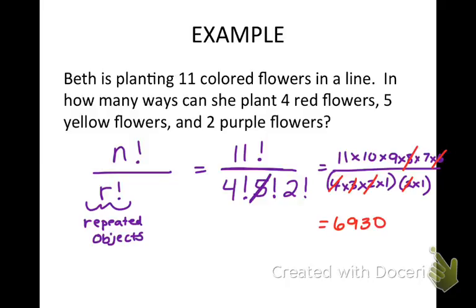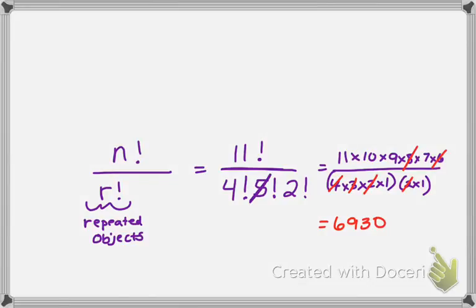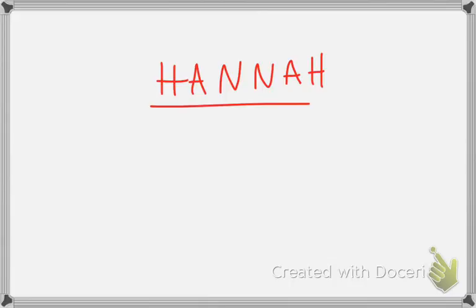So if we did how many different arrangements of Hannah's name we could do, can I erase this? So Hannah, how many total letters do we have? 6. So 6 factorial over.